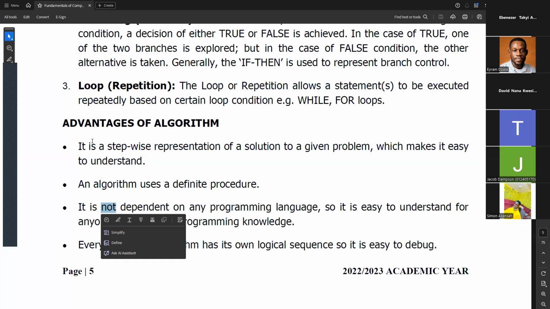So David, the advantage is saying it is not dependent on any programming language.